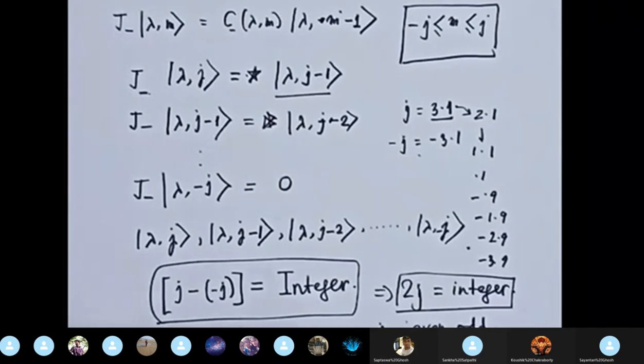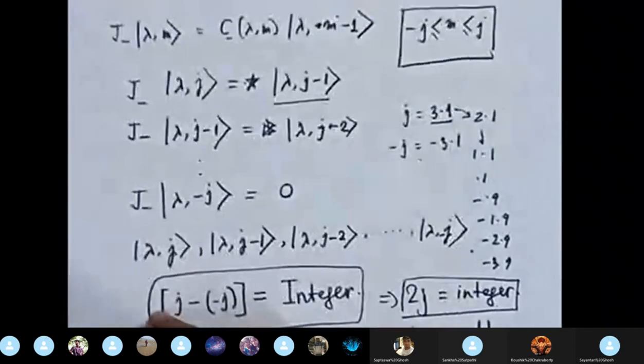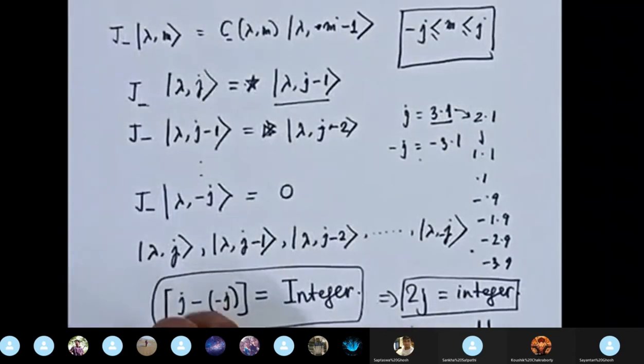Okay. So this is this. I give emphasis on this. This is the key of constructing higher dimensional representations of SU2. Let's see how. Let's try.